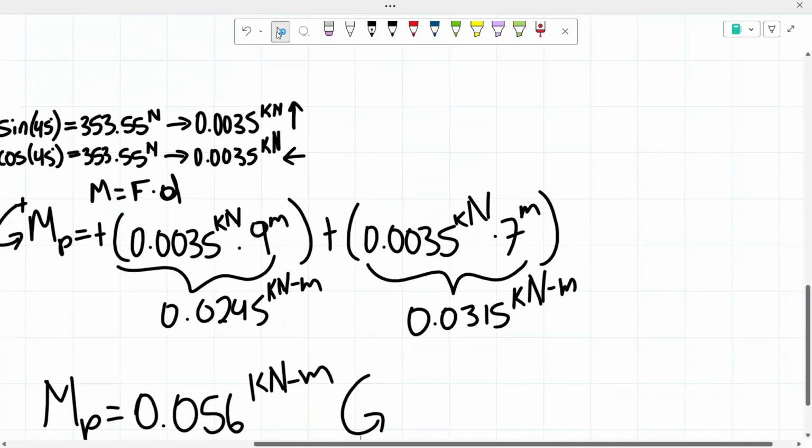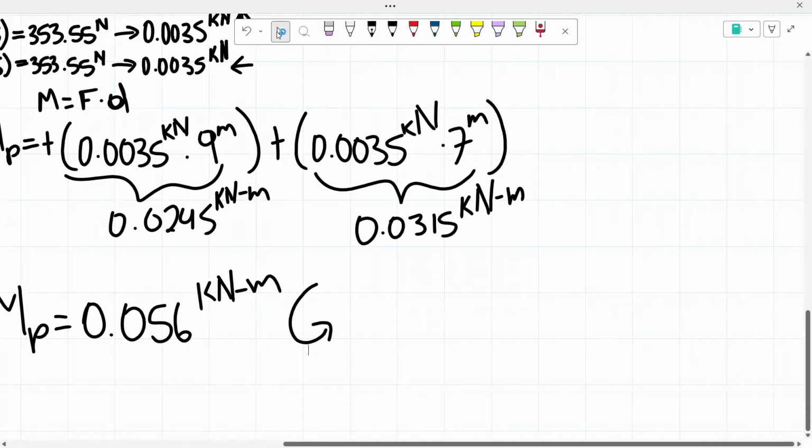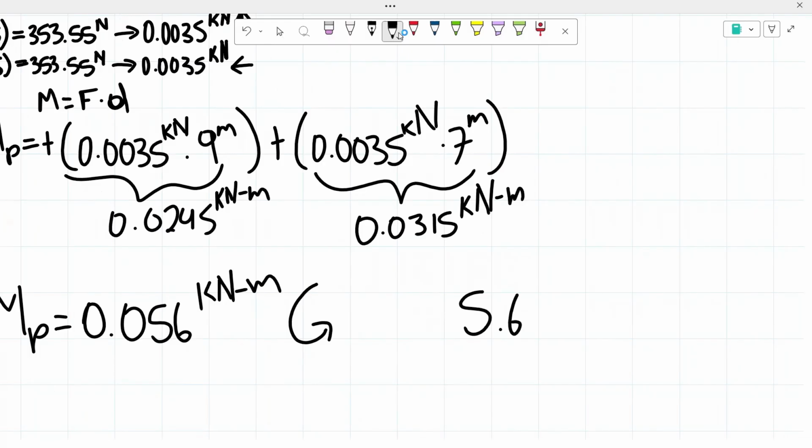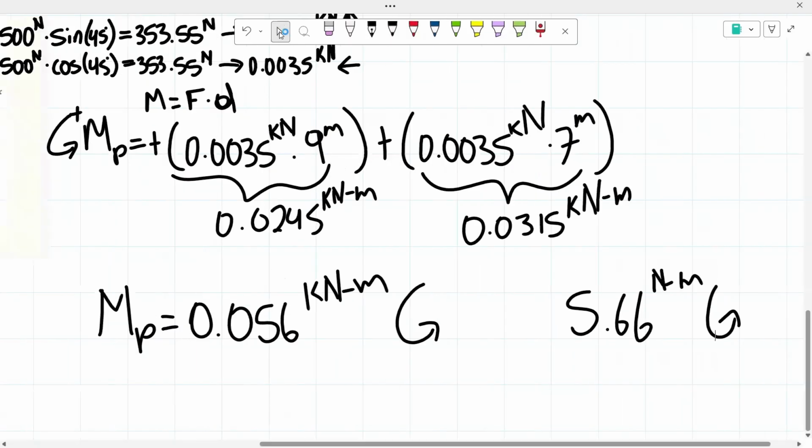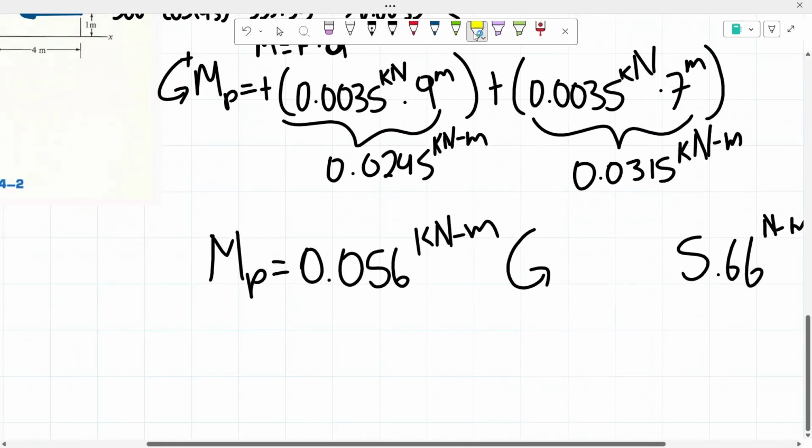If you were still working with this problem in newtons, you would get the same thing, just in newtons, so 5.66 Newton meters, also going counterclockwise. So we're all done with this case, case B.